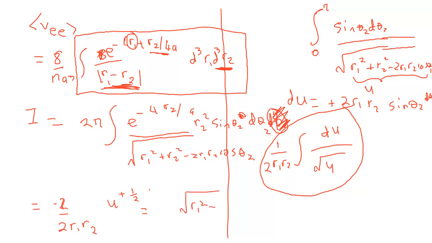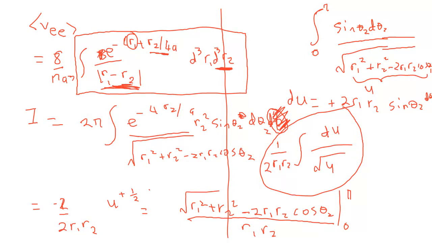So this gives you r1 squared plus r2 squared minus 2 r1 r2 cos theta 2 from 0 to pi over r1 r2.